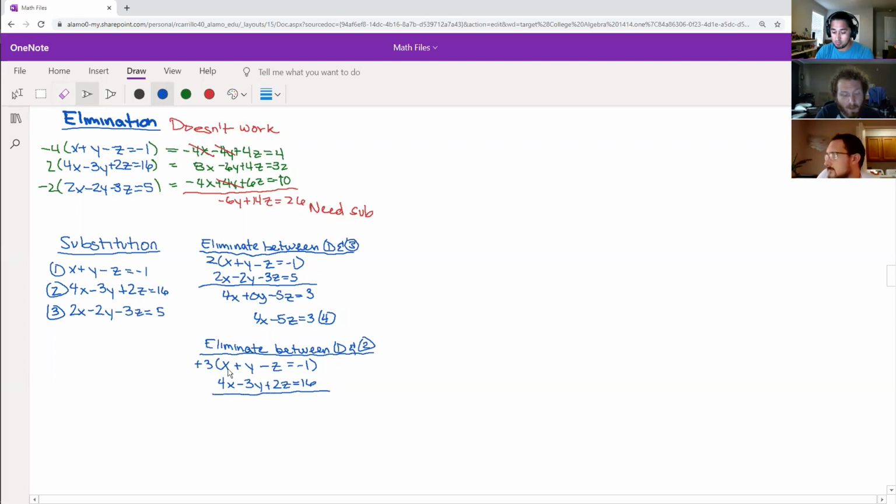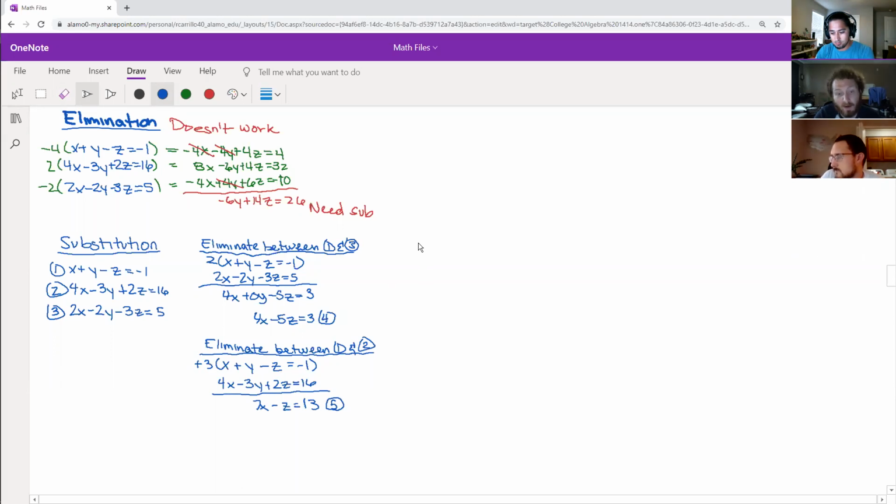Crazy. Okay, so we got 3x plus 4x is 7x, 0y, -3z plus 2z is -z, -3 plus 16 is 13. And then this will be equation 5.